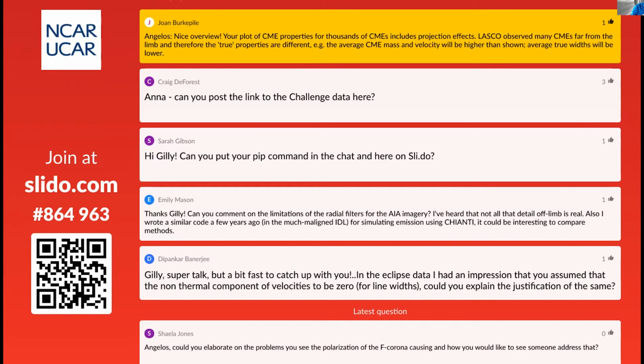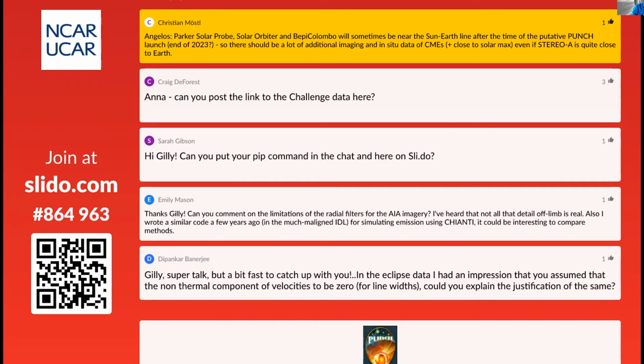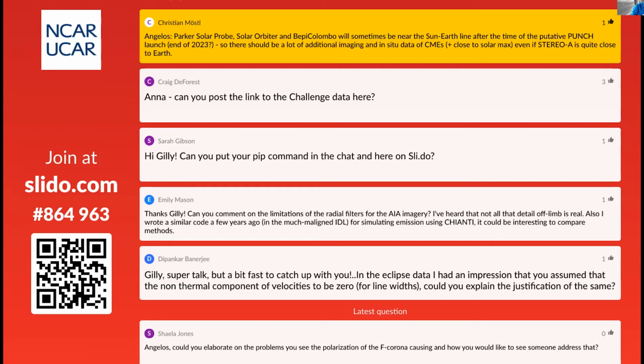I didn't take all the events on the list, but I did use my own judgment of which events to exclude based on widths. I don't have any halos, any very wide events. And so the masses, the same thing. The masses are always underestimated by a factor of 2 because of the assumptions we make. It doesn't have to do anything with the projection, really. So I say the bottom line is that we have seen all the CMEs we've seen, and this is the range of numbers that we're going to get.